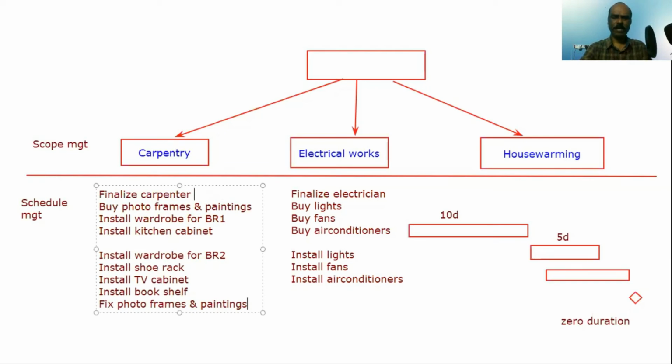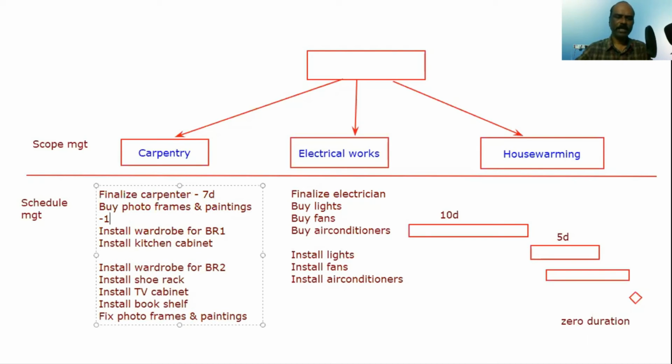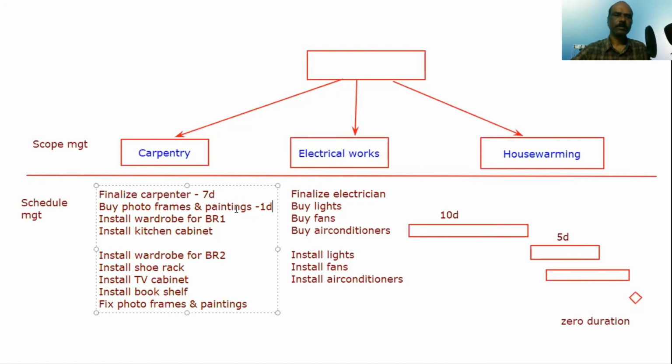Maybe for finalizing the carpenter I need about 1 week. Buy photo frames, paintings, maybe 1 day I think I can go and buy it. Install wardrobe, let's say 5 days he needs. Install kitchen cabinet, maybe he needs 7 days.